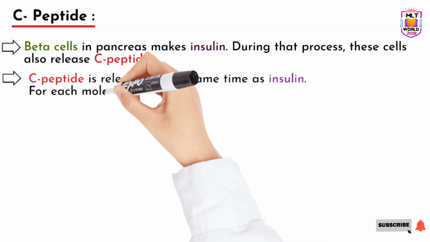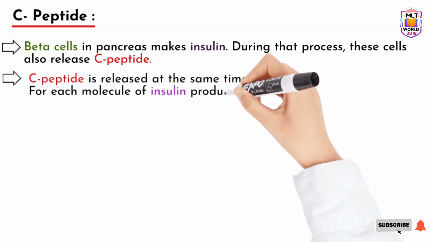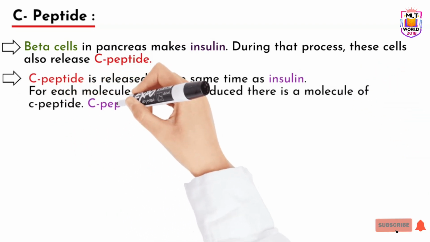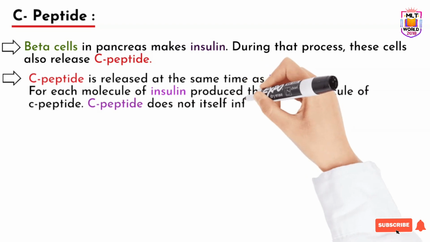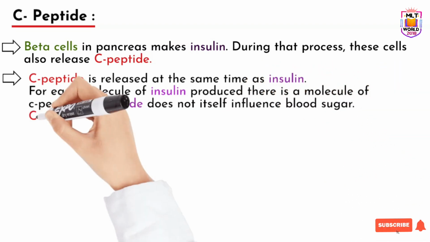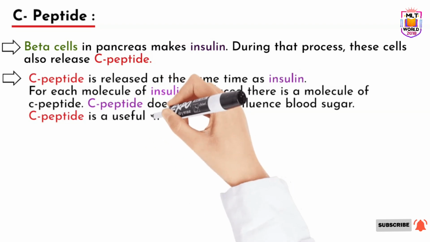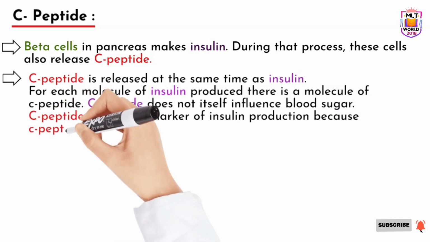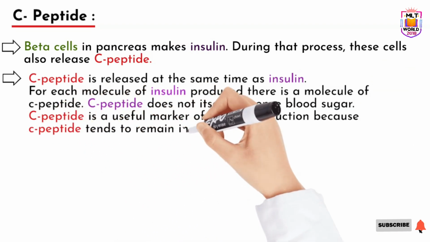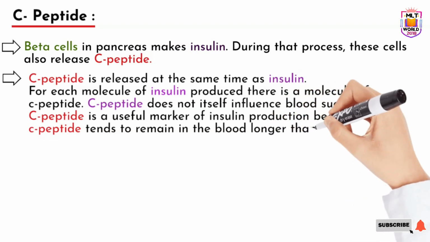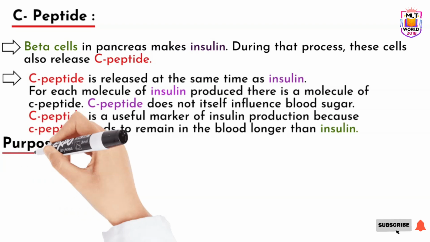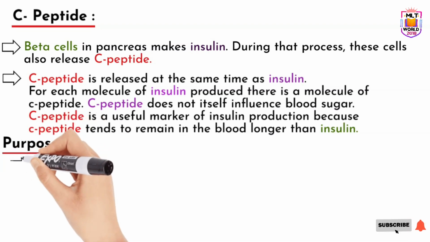Because C peptide has no relationship with glucose metabolism like insulin. Both are released together, but insulin is used in glucose metabolism, while C peptide is used as a marker to check the level of insulin, because insulin will not come correct, but C peptide will show the exact amount of insulin released by the beta cells. So we use C peptide to check insulin level instead of insulin test.